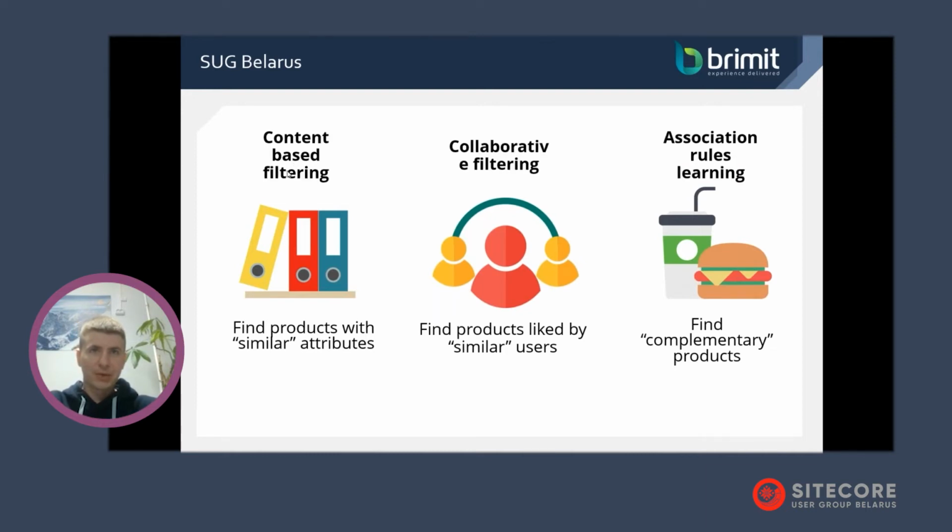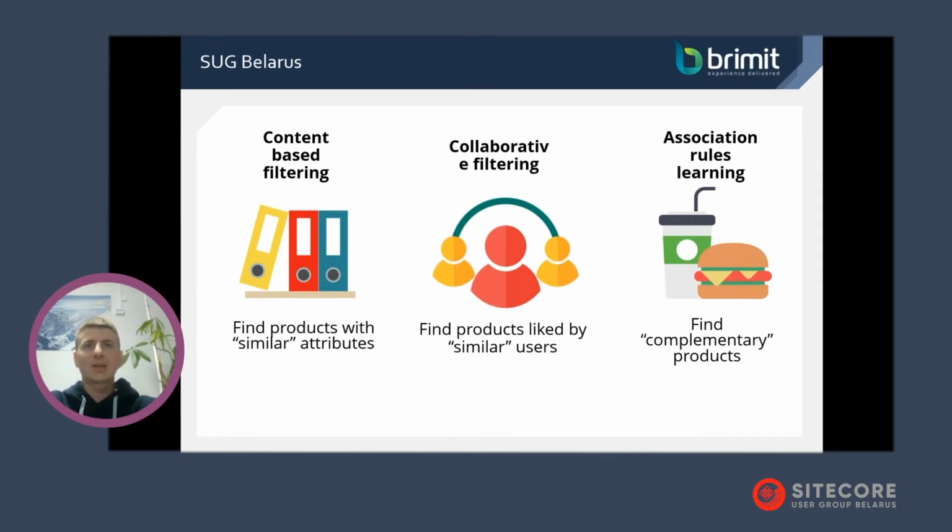The first category, where we are finding products based on similarity in attributes, is called content-based filtering. Content here is another name for the attributes of the products. The second category is known as collaborative filtering.